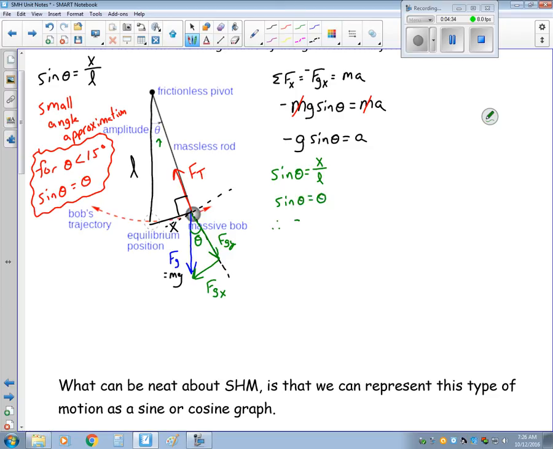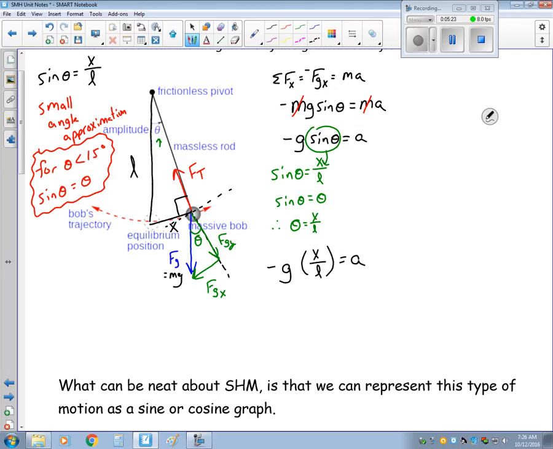Therefore, theta equals x over L. So basically, for the sine of theta, I can replace that with x over L. So what I'm left with then is negative g times x over L equals a, where L is the length of the string and x is how far we have pulled the string away from its equilibrium position.